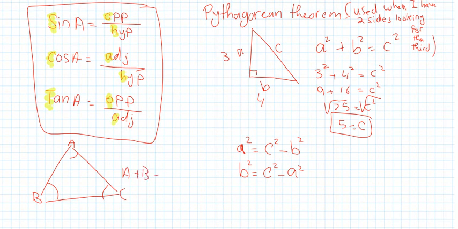This is useful information because if you know two of the angles, you can find the third. If I told you that this is 60 and 40, then you know that C is 80, because 60 and 40 gives 100, and 180 minus 100 gives you 80. Are we okay with this so far? I'll get back to this page, one second.